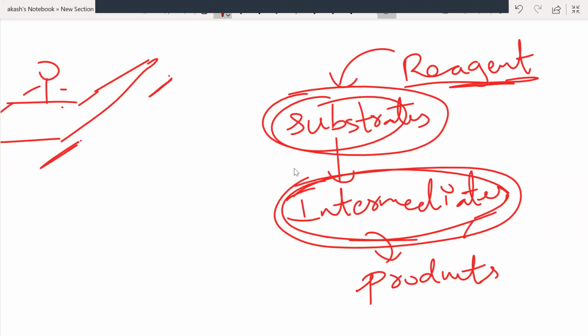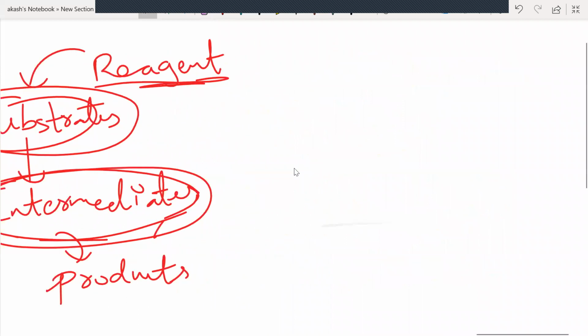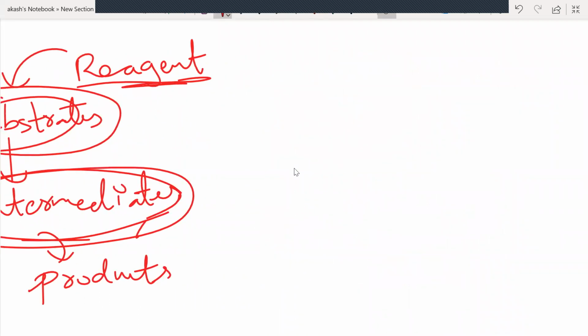For us to understand what intermediates are, I have to understand how bond fission happens in organic chemistry. We know what fission means. Fission is breaking. So you have to understand how a bond breaks in organic chemistry.